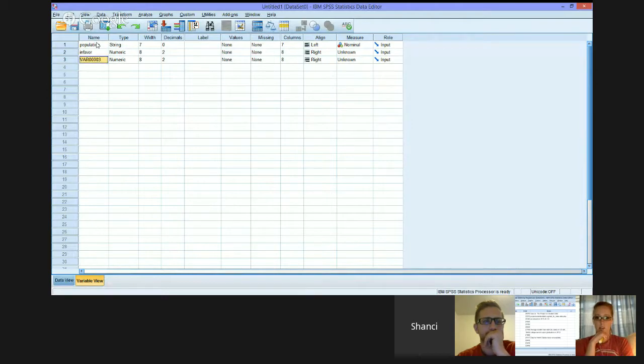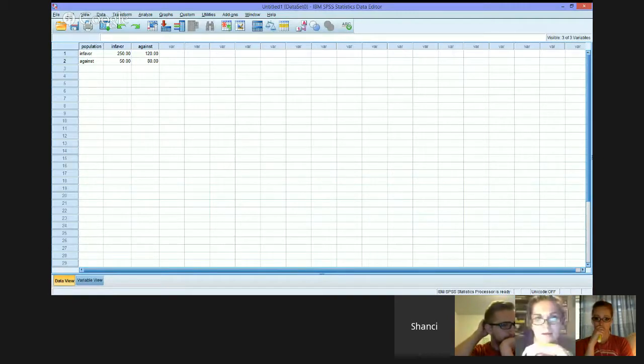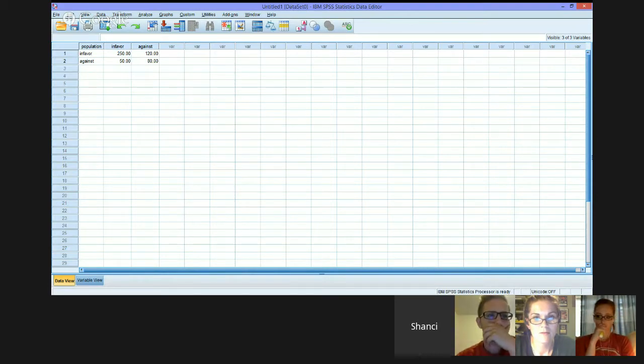It's showing us the data region, population in favor, against. You might have shared a different screen. Whenever I share on the SPSS, I have to be careful which one I'm sharing. I think if you share your other one, we'll be able to see what you were doing. Okay, hold on.